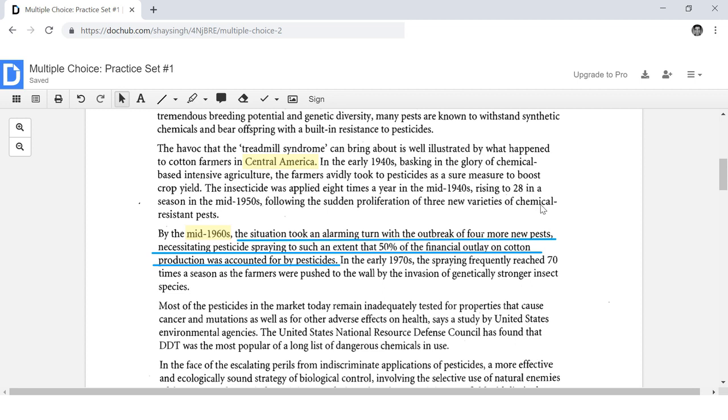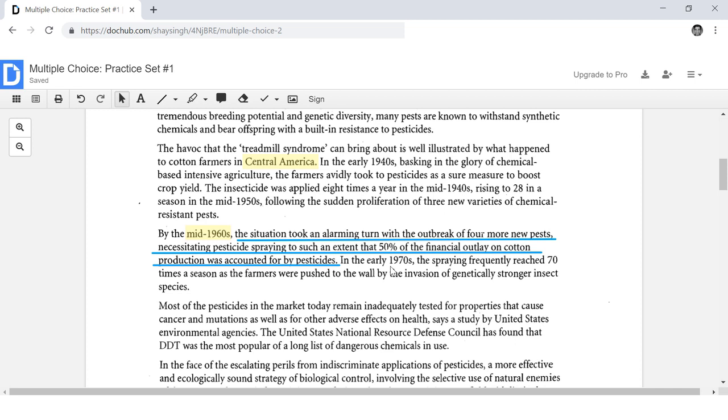So what they had to do is start using so much pesticide to stop these pests that 50% of their costs went into pesticide. When you are growing cotton, there are production costs, costs related to labor, costs related to resources like land and water.